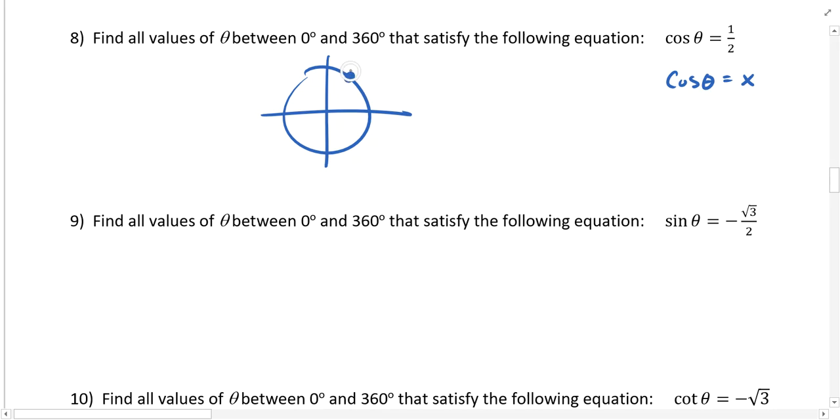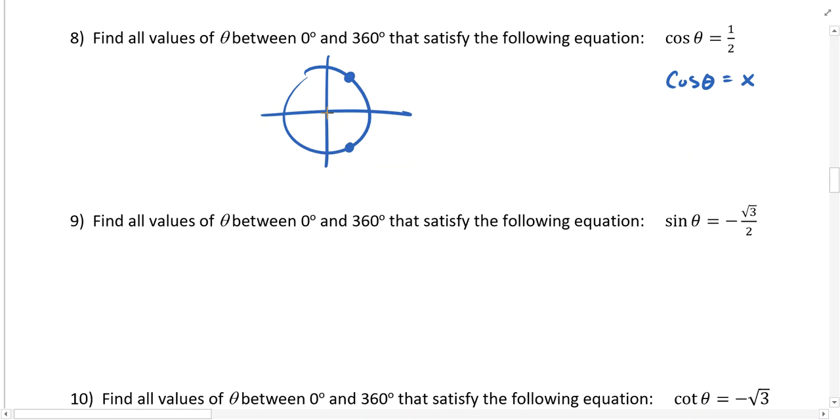Well, this position here, the last position before vertical in a counterclockwise rotation, as well as this position down here, the last spot before vertical on a clockwise rotation, both contain x-coordinates that are equal to 1/2.